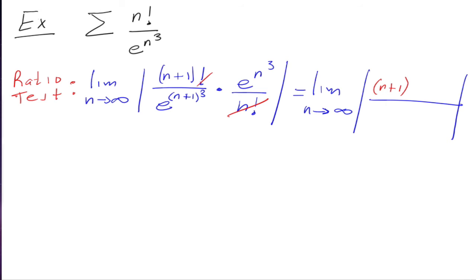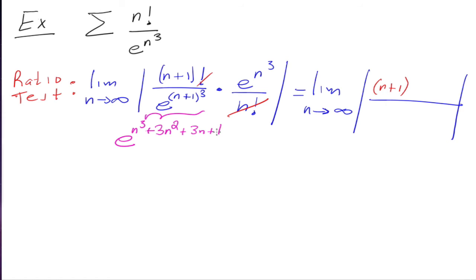This is e to the n cubed plus 3n squared plus 3n plus 1, right?